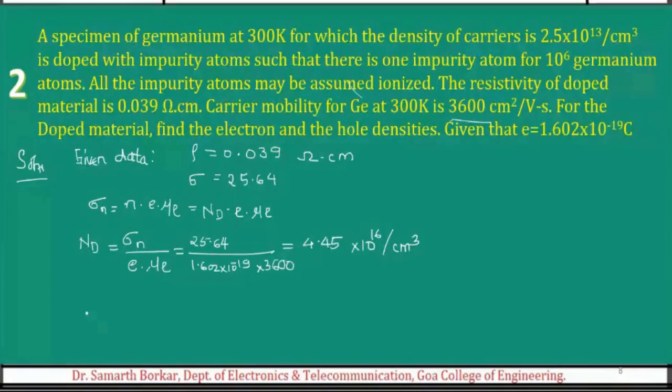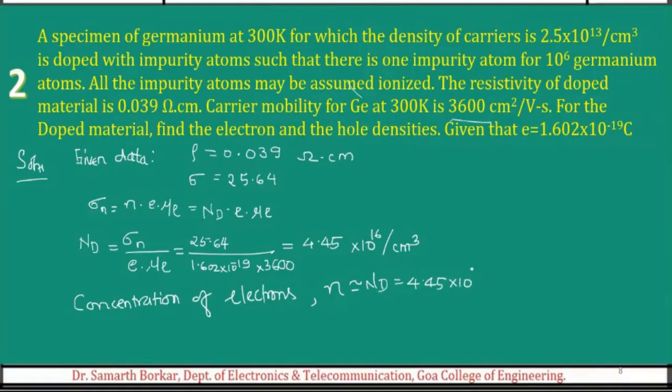Now, from our discussion, the concentration of electrons, denoted as N, is equal to Nd, which will be 4.45 into 10 to the power 16 per centimeter cube.